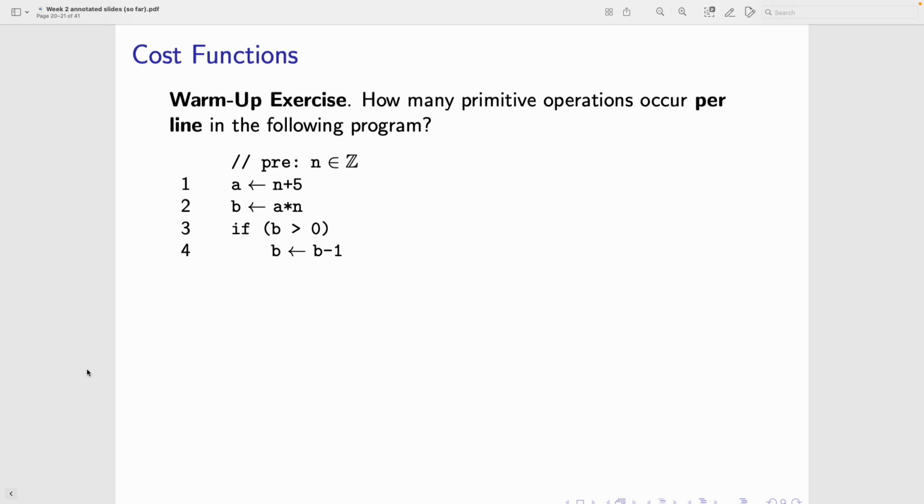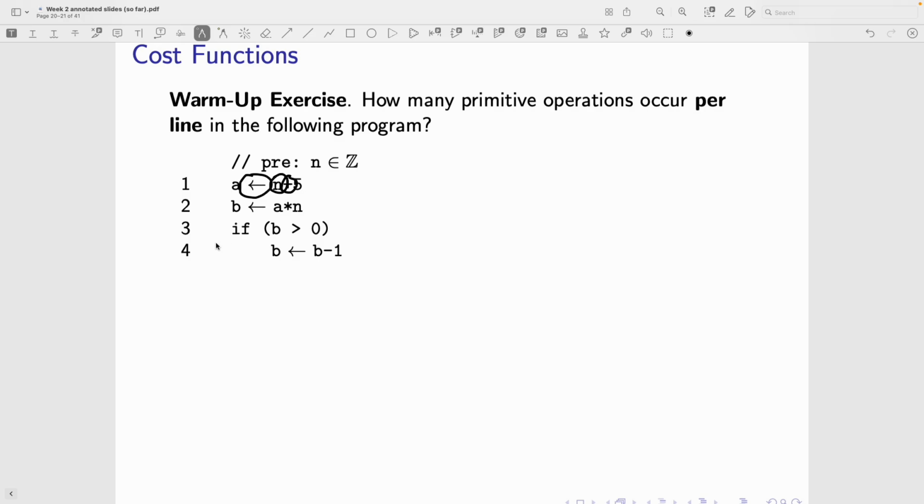We're not actually going to do this. This example is to show how crappy and clunky that approach is. But I'm going to attempt it anyway. So addition is one primitive operation. Variable reading is another.